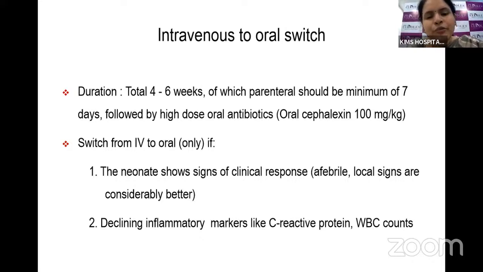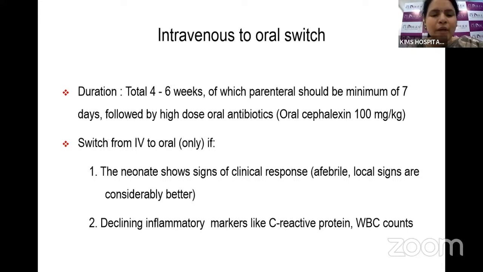Now, overall duration of treatment for septic arthritis is kept at 4 to 6 weeks, of which the parenteral duration usually is to be kept at a minimum of 7 to 10 days, followed by slightly higher dose oral antibiotics. Usually, one may consider giving either oral cefalexin at 100 milligrams per kg per day, or oral amoxicillin clavulanate can also be considered.